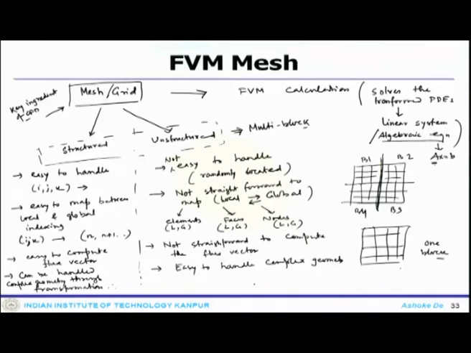So, in a global sense, there are some advantages associated with the structured system, some advantages associated with the unstructured system, and there are certain commonalities. Whichever system you adopt, you need to handle the local and global indexing, which contains your element mapping, face mapping and node mapping, and accordingly the calculation of the flux vector.